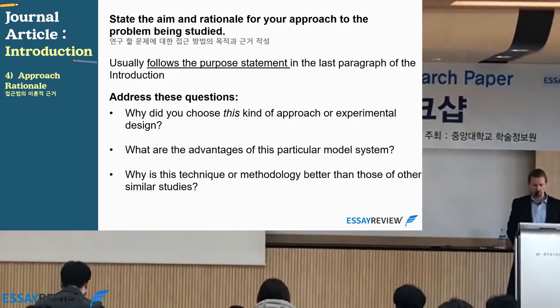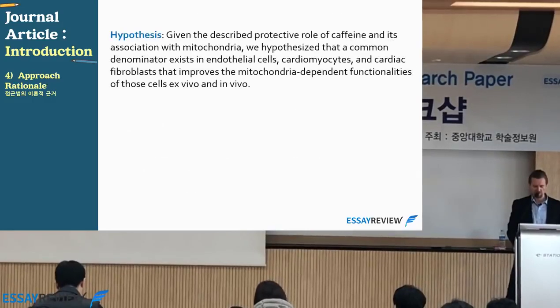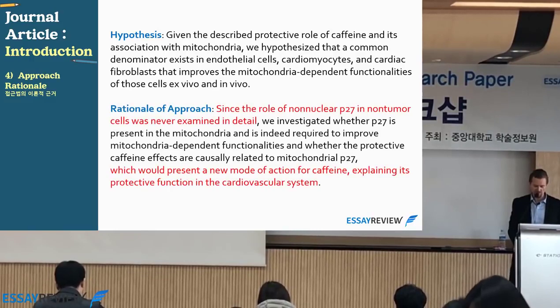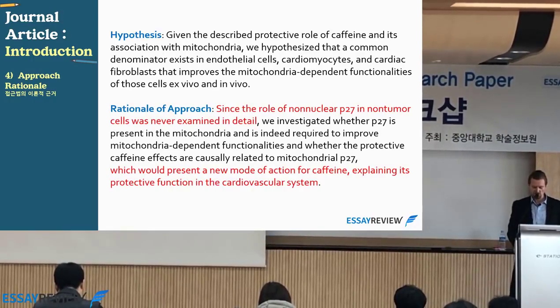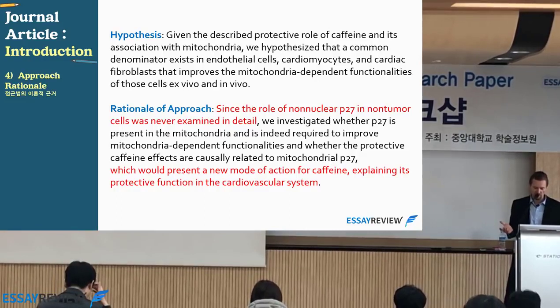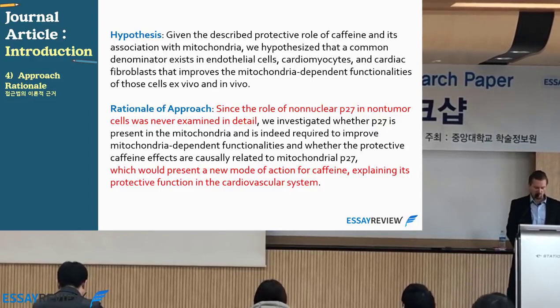It could look like this. If this is your hypothesis, given the described protective role of caffeine, blah, blah, blah, your rationale might be, since the role of non-nuclear P27 in cells was never examined in detail, right? This is a signal phrase too. Since these studies never did this, we're missing this method of study here. We investigated whether P27 is present in the mitochondria.